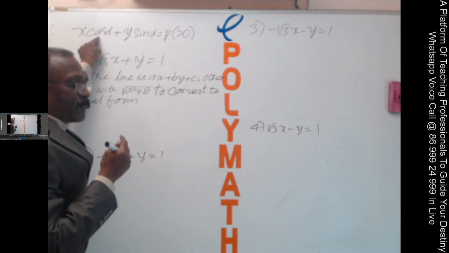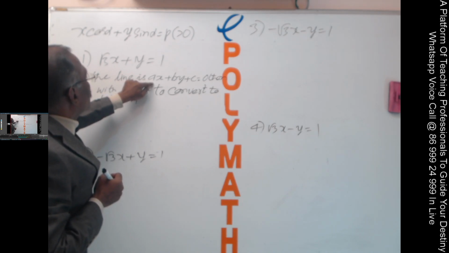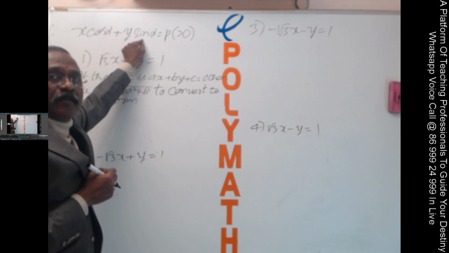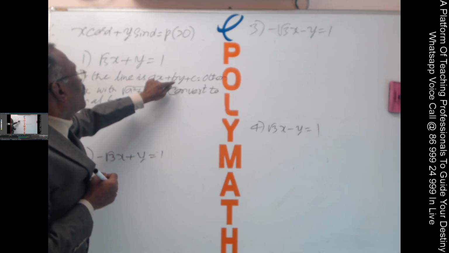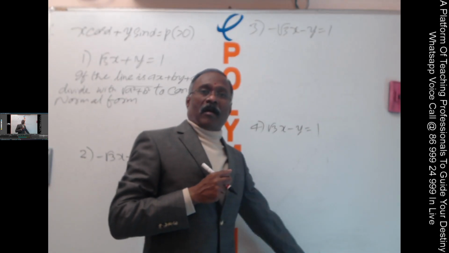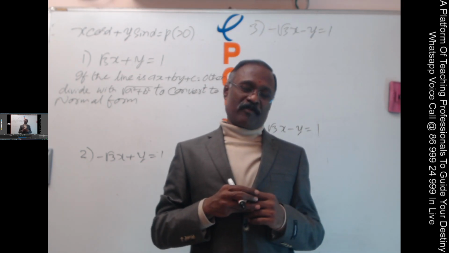What is the cos alpha formula? Adjacent side by hypotenuse. So, if you consider A as adjacent side, sin alpha is nothing but opposite side by hypotenuse. If you consider sin alpha as B, then adjacent side is A, opposite side is B, the hypotenuse will be root over A square plus B square.